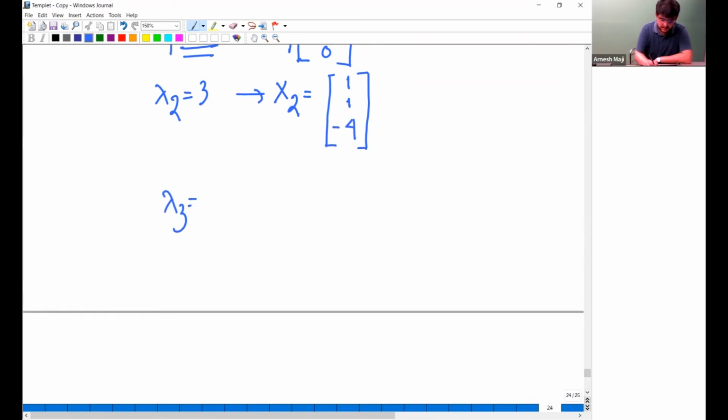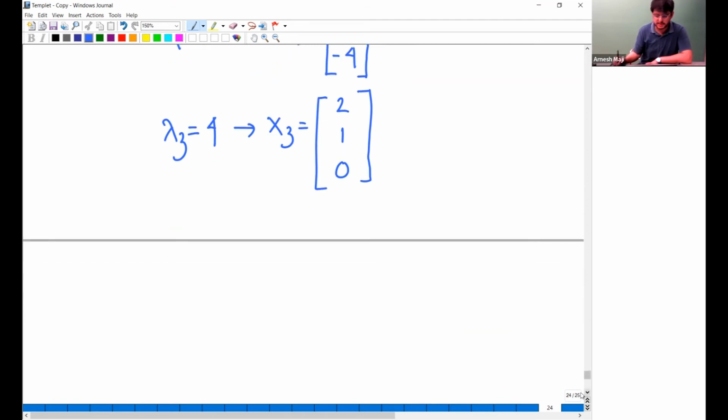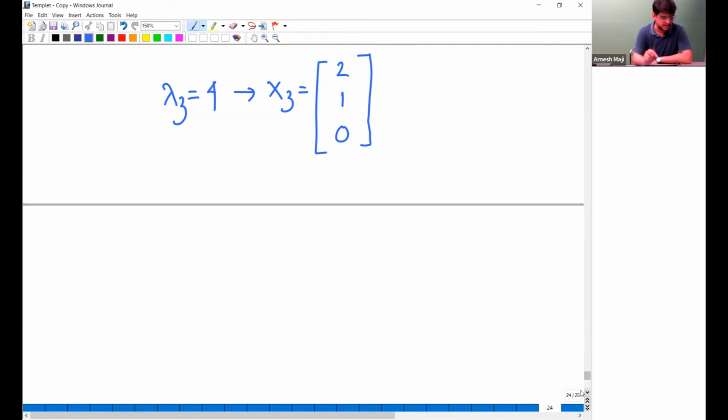The third eigenvector corresponding to the eigenvalue 4 will be this, with a 0. I'm not showing you how to do that here, but I did that in the previous example and you can find this in a similar way.